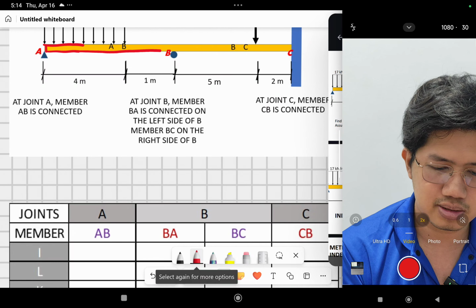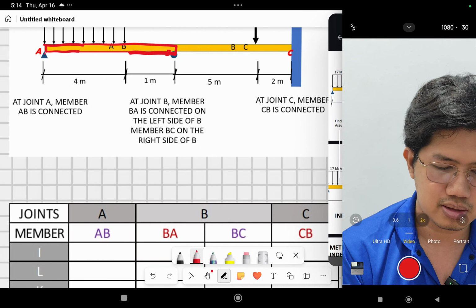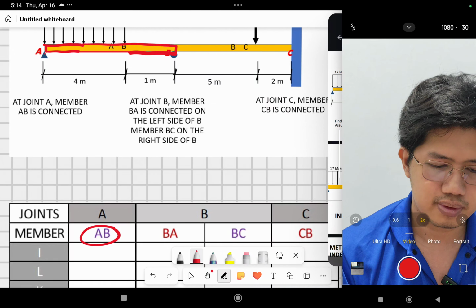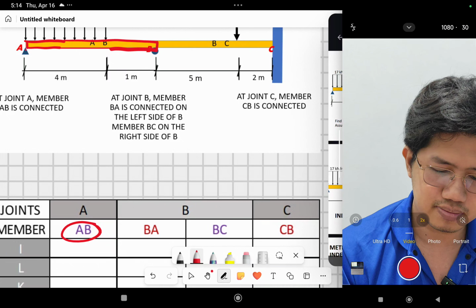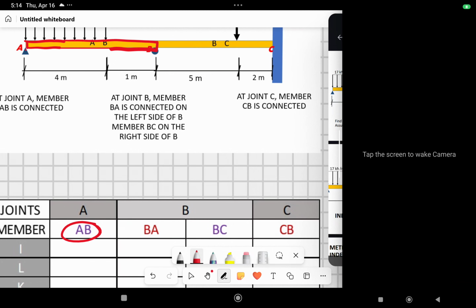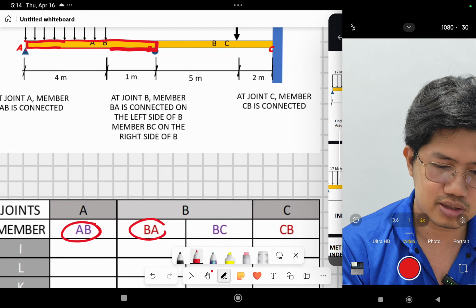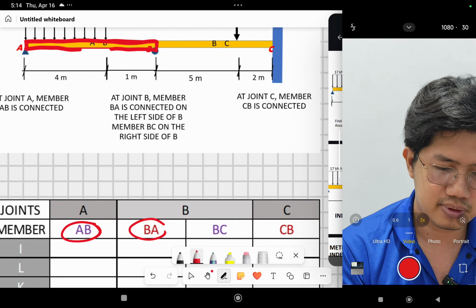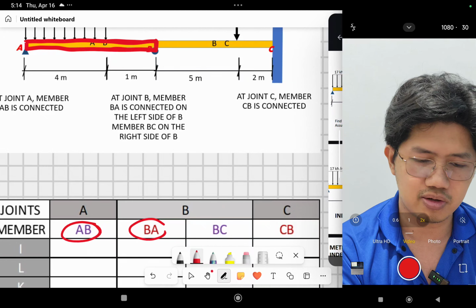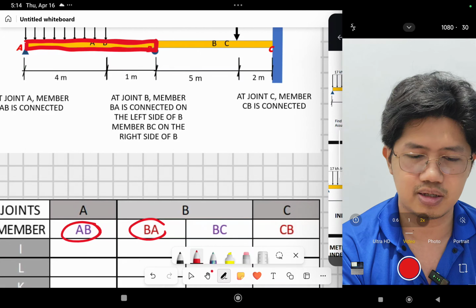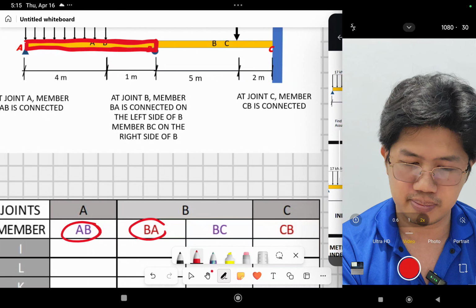Since this member is spanning from point A to point B, okay, so let's call this member AB, I mean, it is connected with joint A. And then at joint B, the members that are connected with joint B are member BA, okay, which is this one, which is the same as AB, but we give it a different name para hindi tayo malito na yung AB, no, it is connected with A, and then BA is what is connected with B. Okay, although they are the same member talaga.